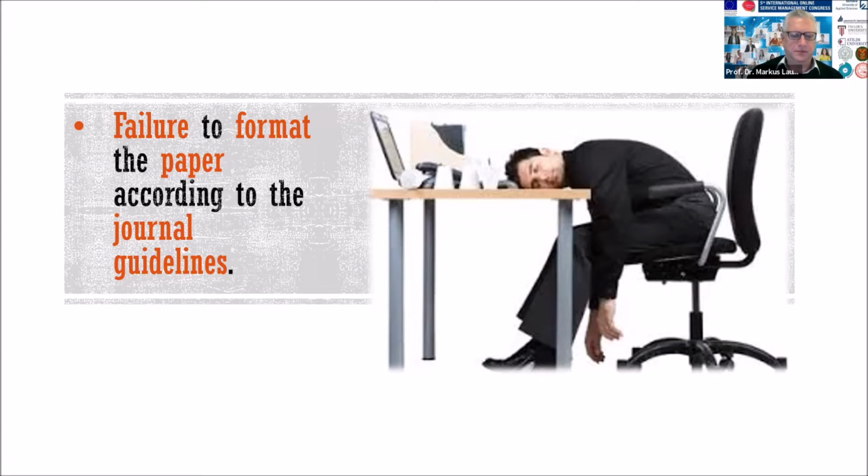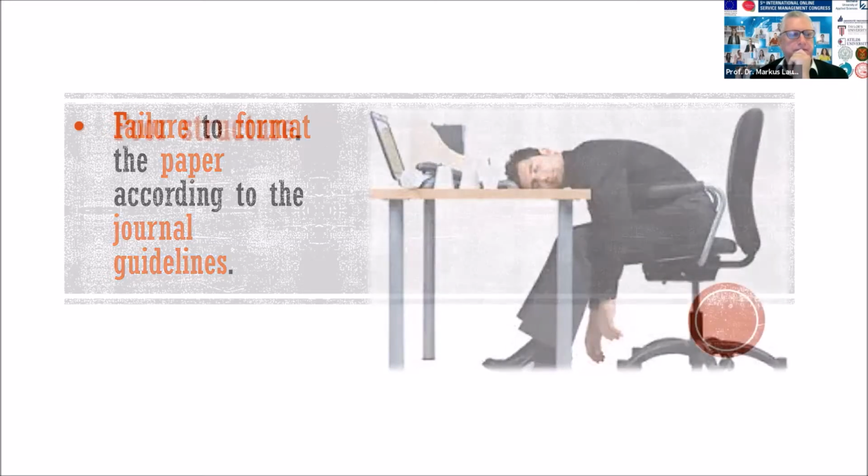Some journals, like Emerald journals, request a structured abstract: you have the purpose, the methodology, the results, the originality. So it depends. It's always good to read the journal guidelines before submitting any paper.